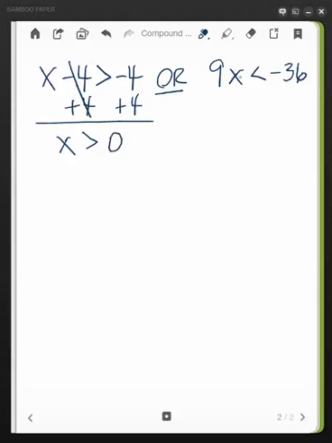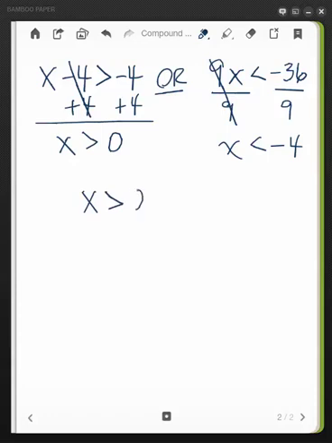On the right-hand side, I just have 9x, so to get rid of that 9, I'm going to divide by 9 on each side and get x is less than negative 4, because a negative divided by a positive is negative. So my answer, if I asked you just to solve the inequality, is going to be x is greater than 0, or x is less than negative 4.